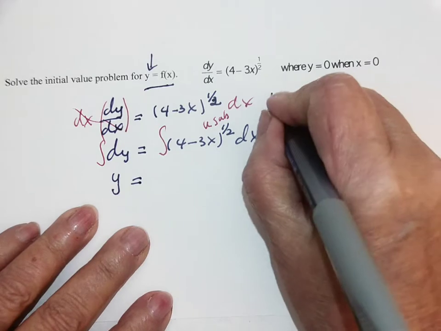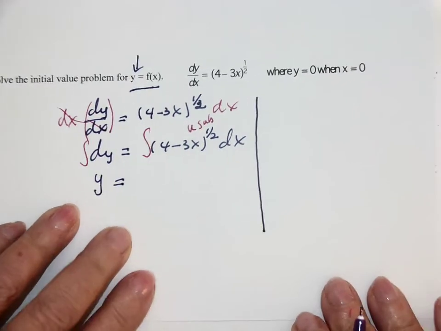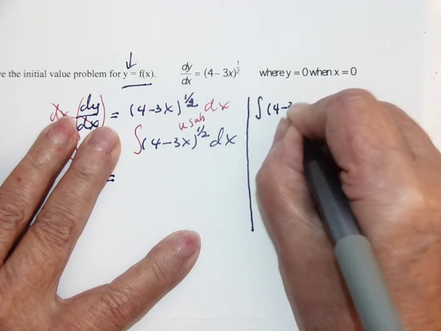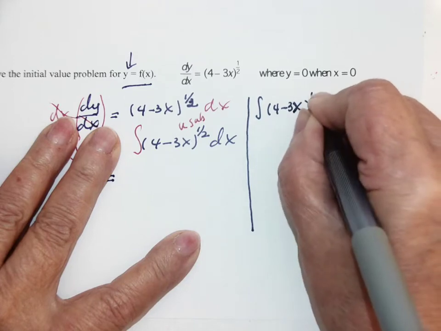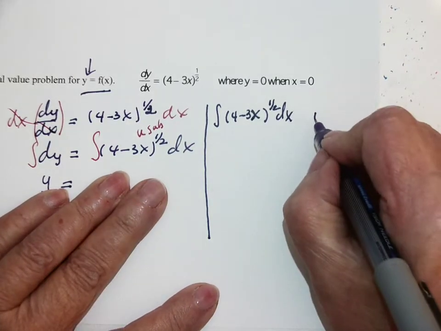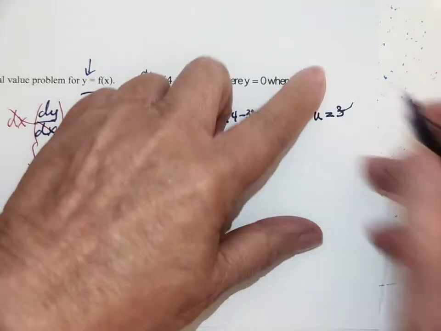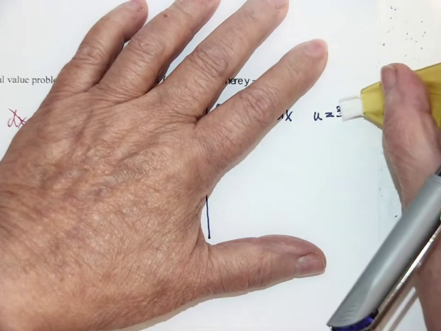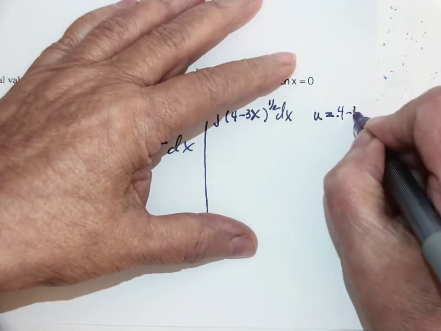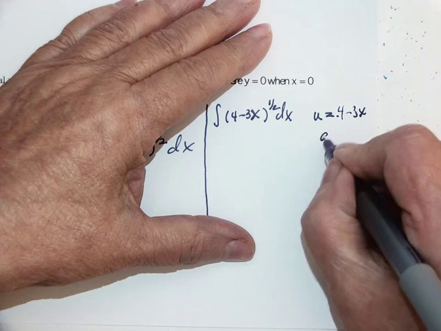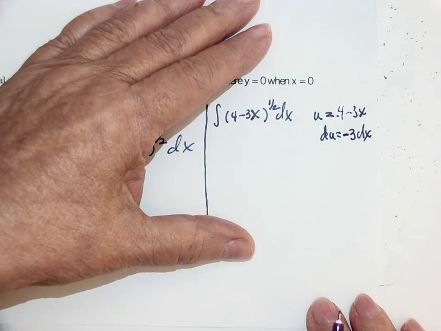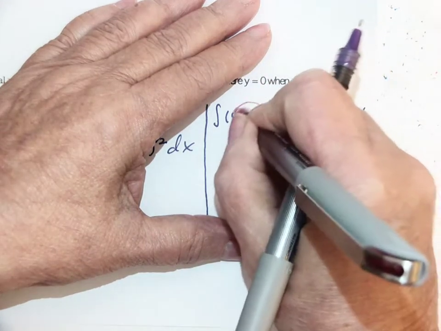I'm going to have to come over to the side here and do this integral. So u is 4 minus 3x, and du is minus 3 dx. I'm over toward the end of my paper here. Poor planning on my part. So this becomes u.